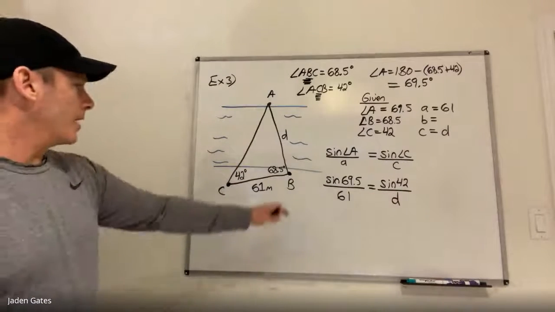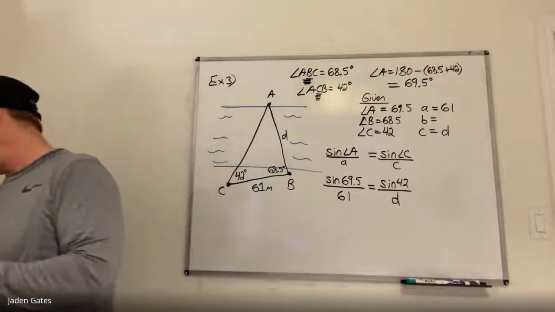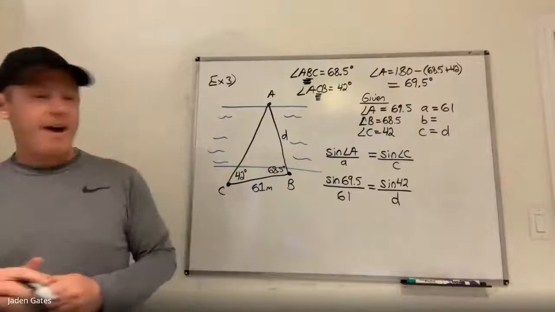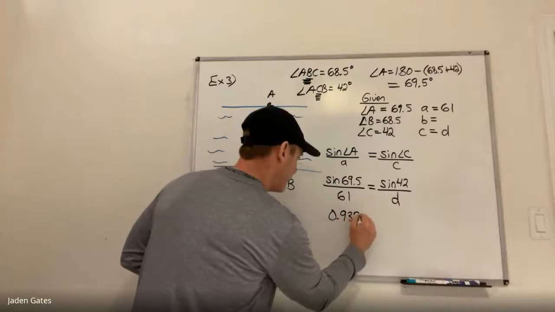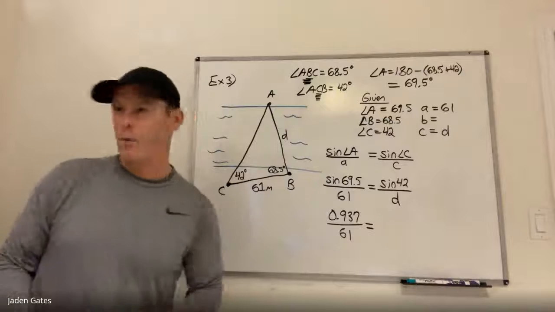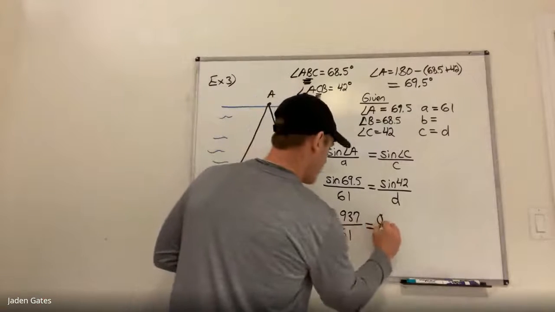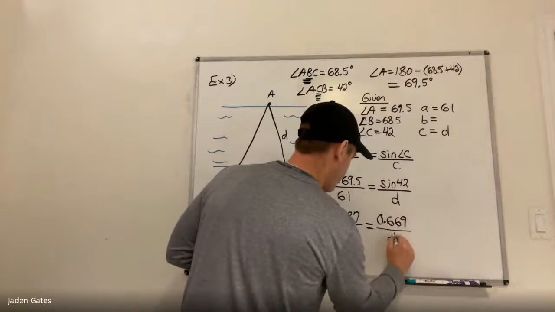All right, again, I have sine 69.5 and sine 42. I can type those into my calculator and get, let's see here. Sine 69.5, I'm getting 0.937. Of course, divide that by 61. Sine 42, type that in, I'm getting 0.669. And I got the D in the bottom.